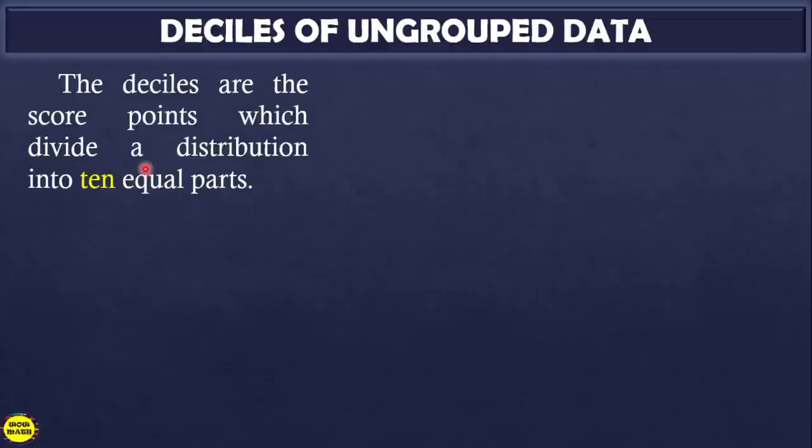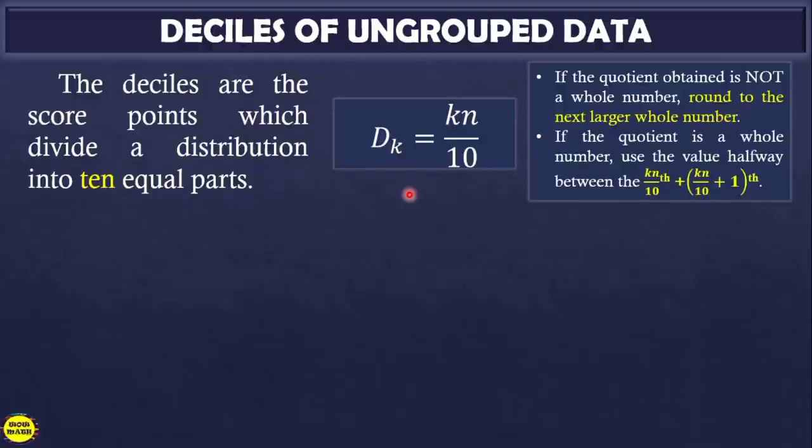So the deciles are the score points which divide a distribution into 10 equal parts. So using the formula k times n divided by 10, where k is the number of location. Since divided by 10 equal parts, remember these two, okay? Tatandaan natin to kasi ito ay importante pag kukuha na tayo ng location for deciles.